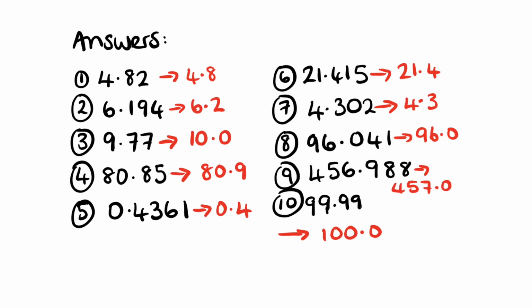Make sure that each of your numbers has only one number after the decimal point. Okay, if you've got more than one number after the decimal point, it doesn't matter what the numbers are. It's wrong because you haven't rounded it to one decimal place. Okay, so stick completely to one number after the decimal point. So pause it and mark those.